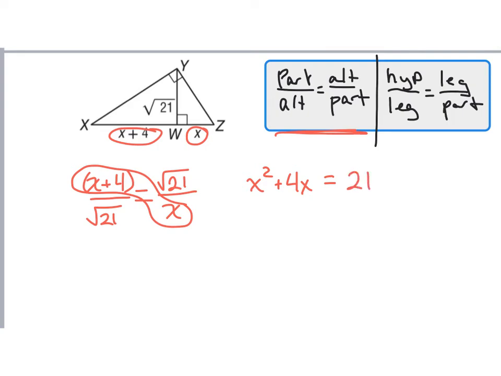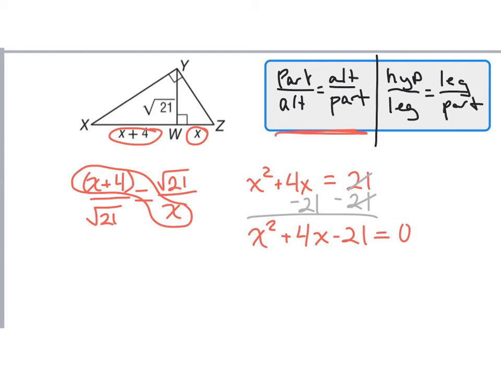Okay, so now we have to reach back into our Algebra 1 brains. And remember that to solve this quadratic equation, I have to set it equal to 0. So the first thing I'm going to do is subtract 21 on both sides. When I do that, because there are no like terms, it's going to be x squared plus 4x minus 21 equals 0. At this point, I'm going to need to factor it. If you need a reminder on factoring, I do have a video available on factoring.